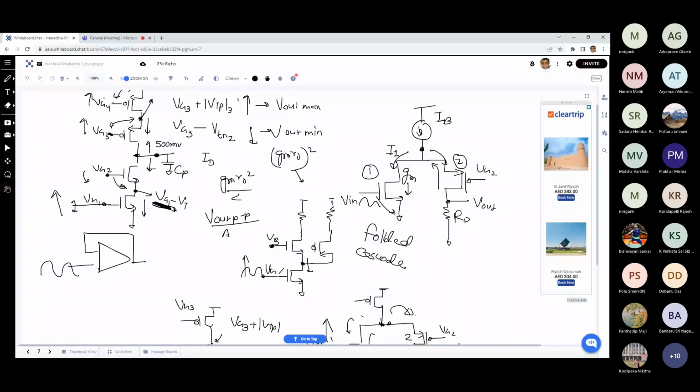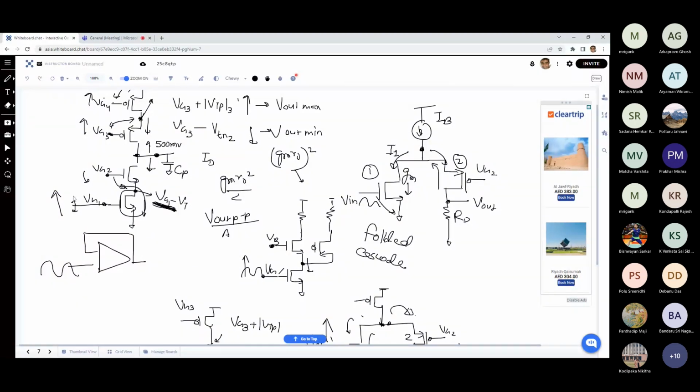So if the input signal level, voltage level is increasing, even the mean value of the input signal, the DC value of the input signal, that is increasing, this transistor will enter into triode, because in order to maximize the output swing, I have tried to push this value as low as possible. So I don't have much room to have larger input signal or increase the input DC level.